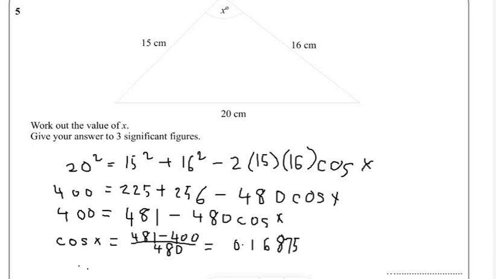So now the angle x is going to be cos inverse of this decimal number, 0.16875. So on your calculator, you do cos inverse of this decimal, and then the angle is going to be 80.3 degrees.